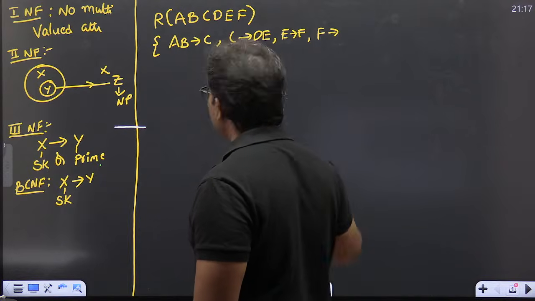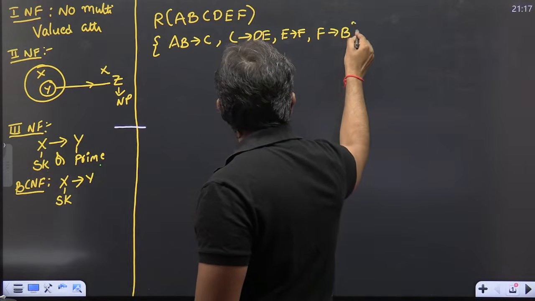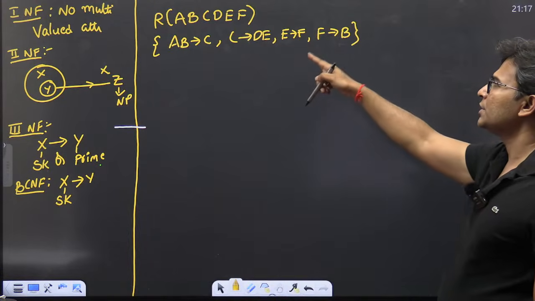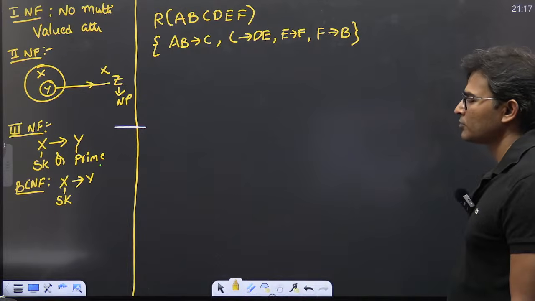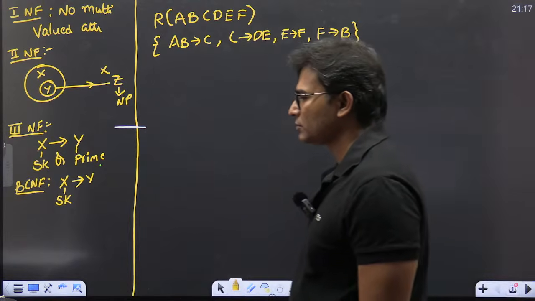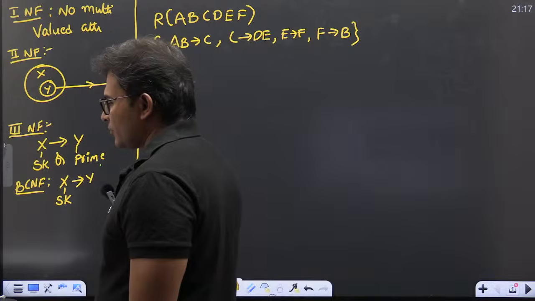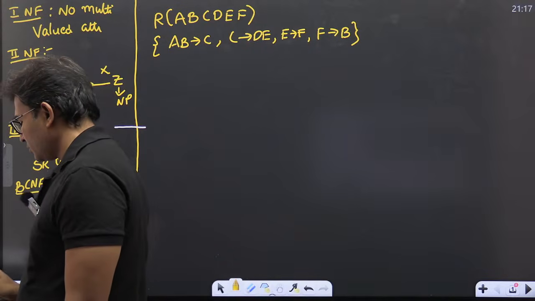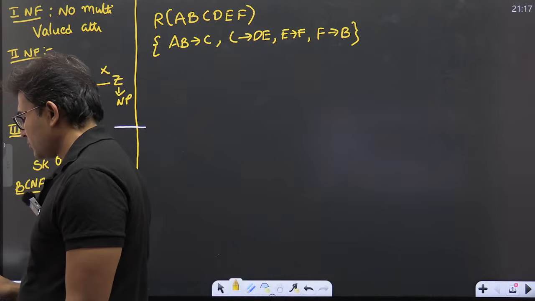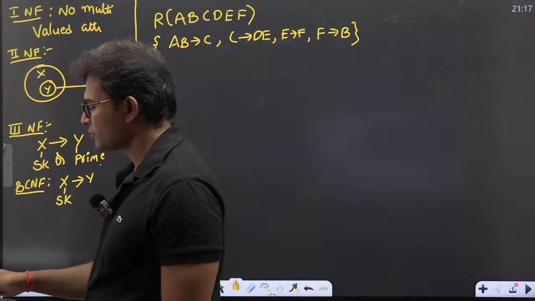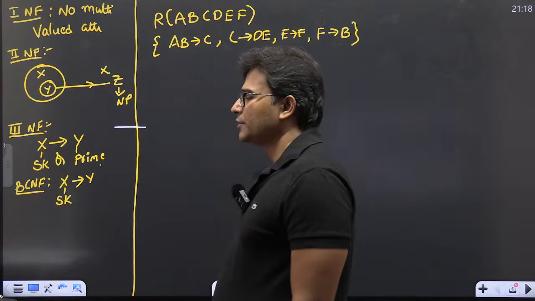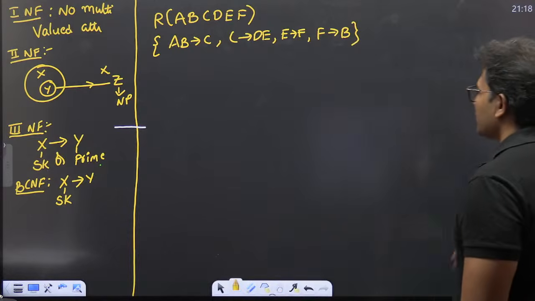AB determines C, C determines DE, E determines F, and F determines B. Find out the normal form. Take 3 minutes of time and try to do it.